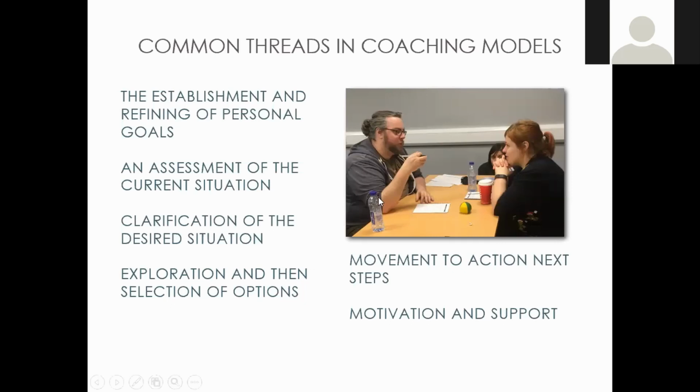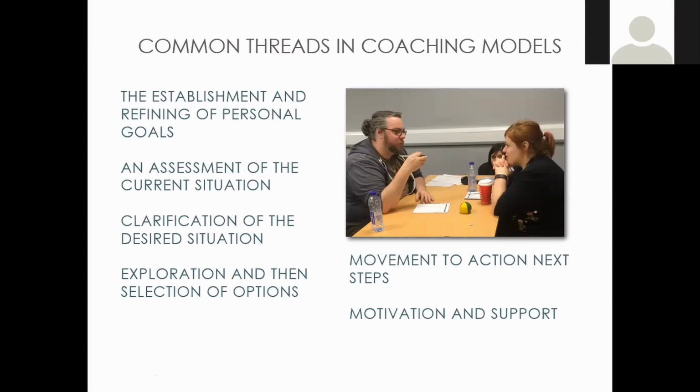At some point in the model, there will be an assessment of the current situation, whether that's the reality phase of GROW or an assessment of the current situation, moving into a clarification of the desired situation. There'll be some exploration of options, potential ways forward, and then a narrowing down of those and a selection of an appropriate option.